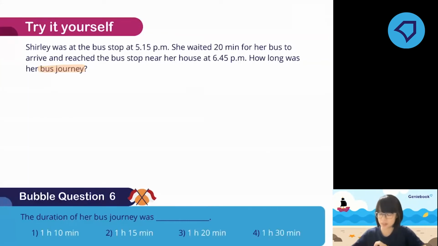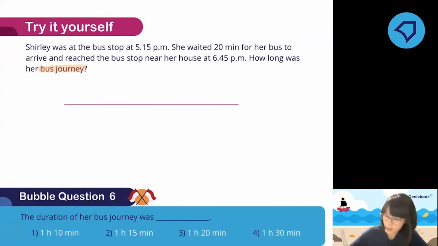You need help? Okay. For those of you who need help, let's draw the timeline together. She was at her bus stop at 5:15 p.m. Okay. She waited 20 minutes. So 20 minutes later is what time? Okay. And in the end, she will reach the bus stop near her house at 6:45 p.m. Okay, so the first thing that you need to do is she waited for 20 minutes.